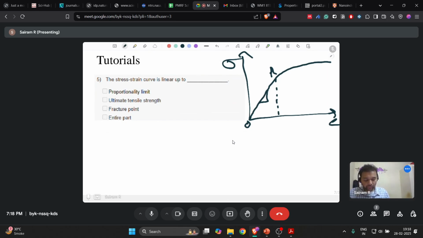This is the region of elasticity, and it is applicable only till the proportionality limit. So the answer for this question is proportionality limit.